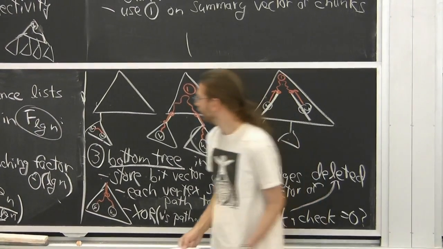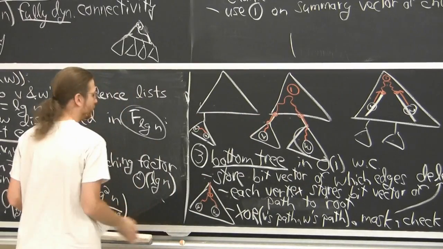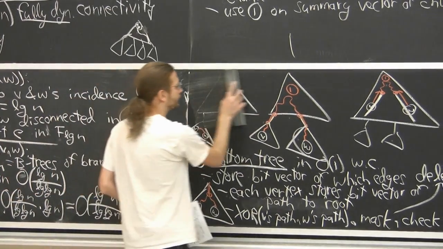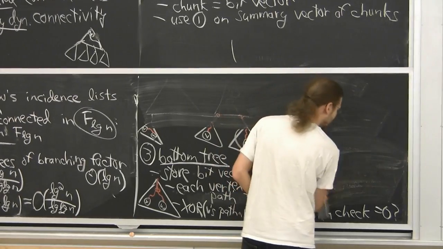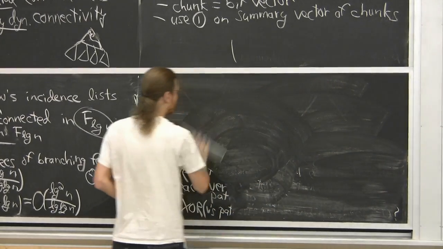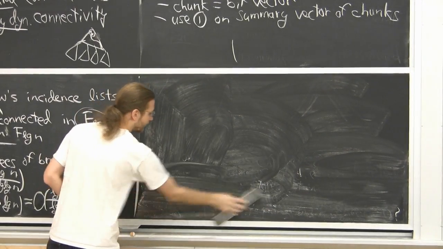Okay, now finally we get to deletes. This is the moment you've been waiting for. How do we do a delete in this structure? What are all these levels good for?